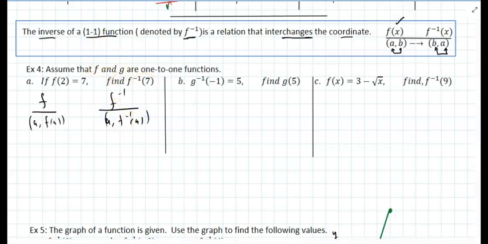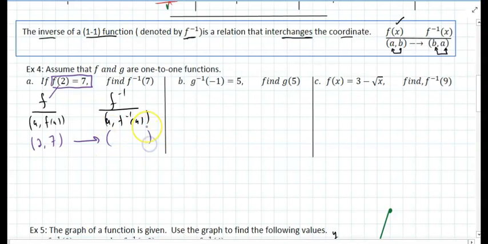So, if I look at what I'm given in f, I'm given when x equals 2, y equals 7. If I look at that in the inverse, those will switch. So when the problem is asking what is the y value in the inverse when x equals 7, what would you say? You would say the inverse of 7 is a 2.